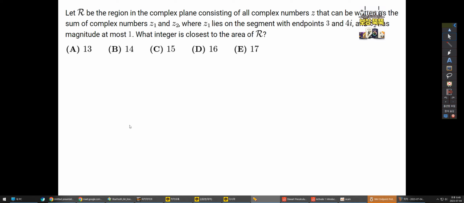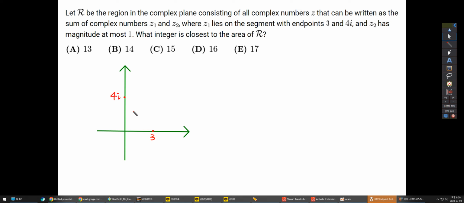Yep, so let's make the complex plane here. So endpoints 3 and 4i means this is 3 and this is 4i, and the second one is this.